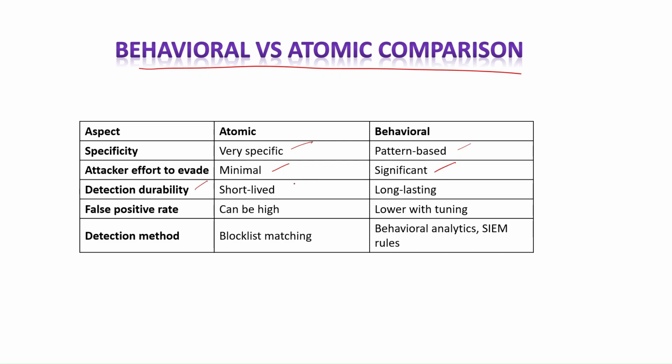Detection durability of atomic is short-lived, while behavioral is long-lasting, and the false positive rate of atomic IOCs can be very high, while it is lower with tuning for behavioral. And the detection method for atomic is blacklist matching, while for behavioral, it is behavioral analytics and SIEM rules.